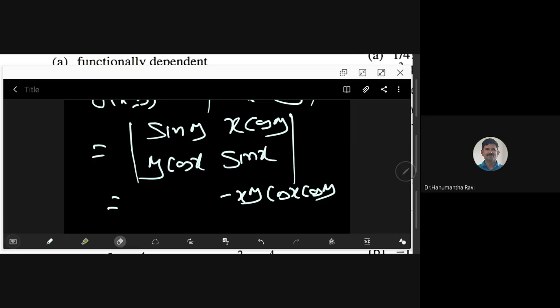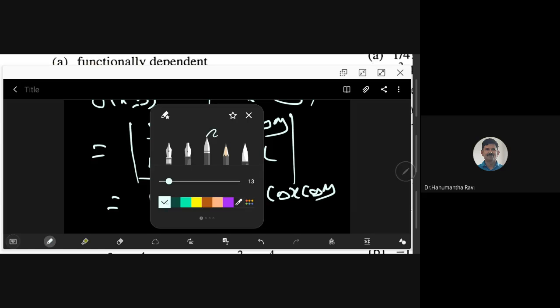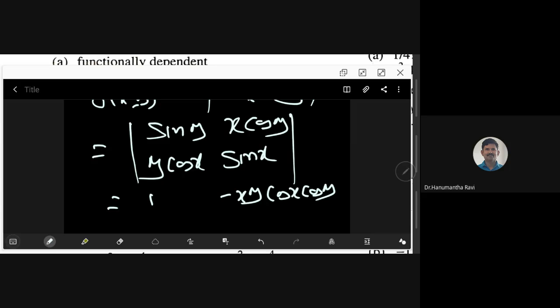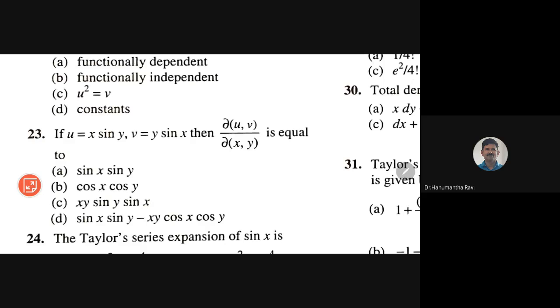It is sin x sin y minus xy into cos x cos y. So yeah, that is the answer, question 23 D.